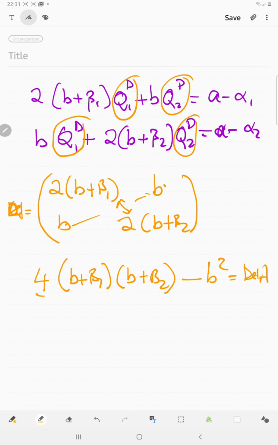So provided that the denominator is not equal to 0, you can determine the values of this particular solution.